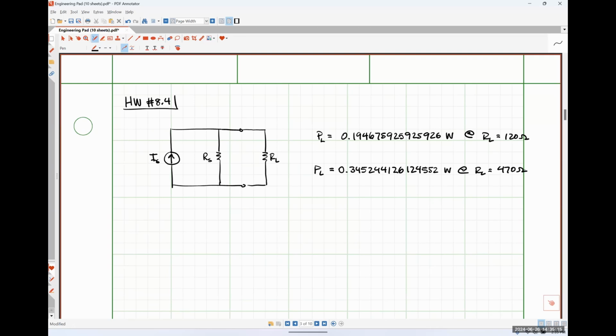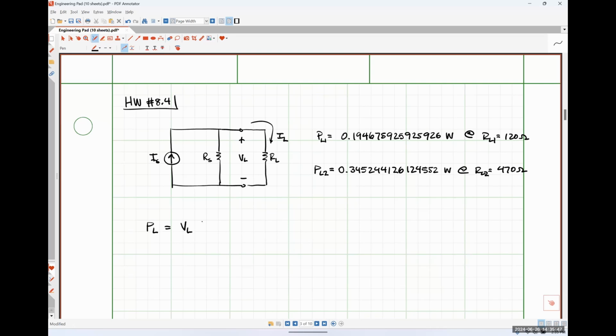So effectively, let's call this PL1 and RL1, and this PL2 and RL2. So we know that the power absorbed by our load resistance is going to be the product of our load voltage times our load current.